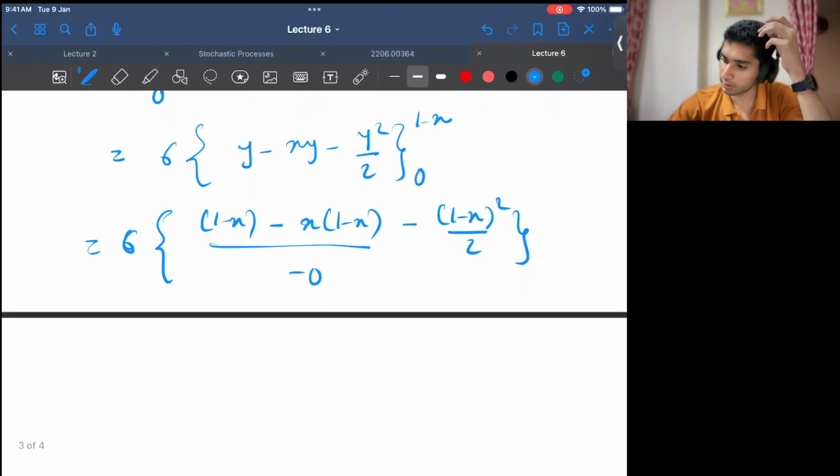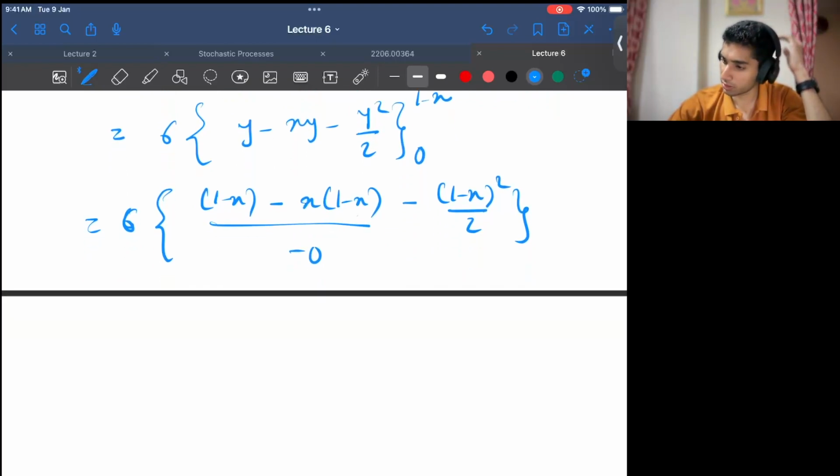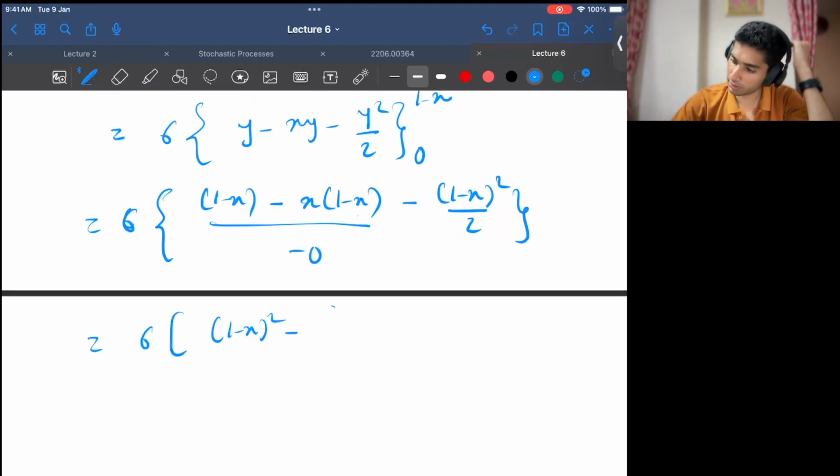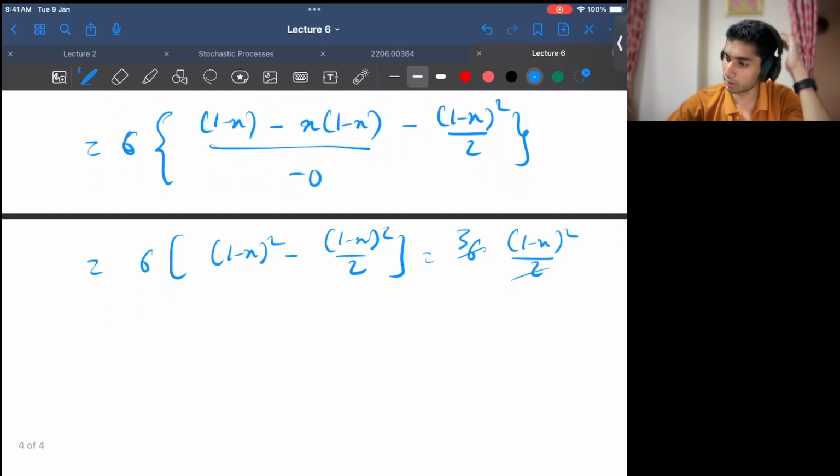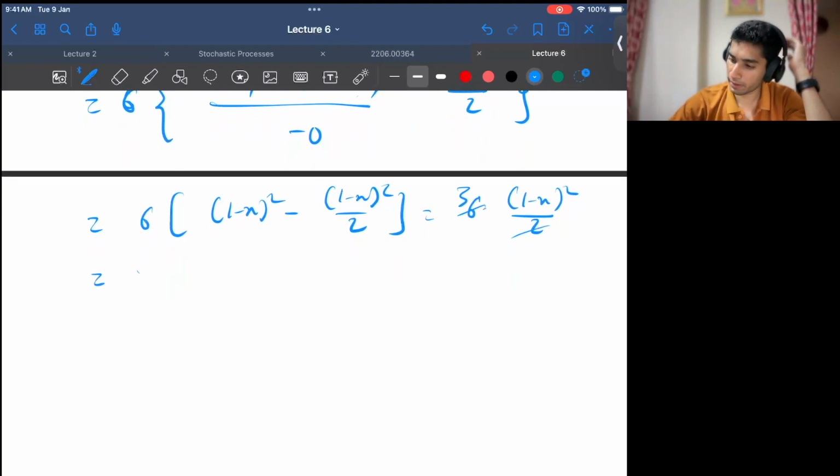From this, 1 minus x gets common, so this will become 6 times 1 minus x whole square minus 1 minus x whole square by 2. This will become 6 times 1 minus x whole square by 2, 2 threes are 6, and this will become 3 times 1 minus x whole square.